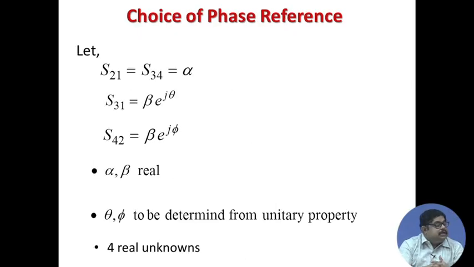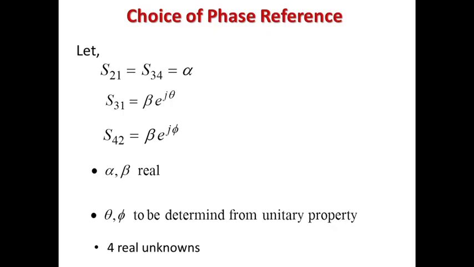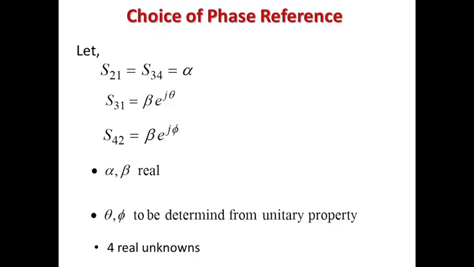Now, this is your choice. Generally this choice is made that S21 and S34, though they are complex, we take the reference that their phase is 0.